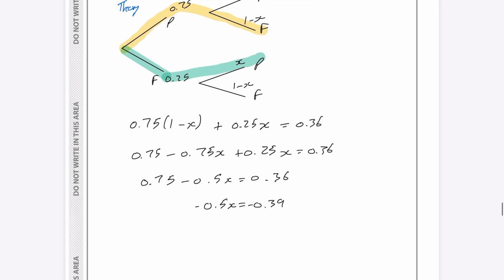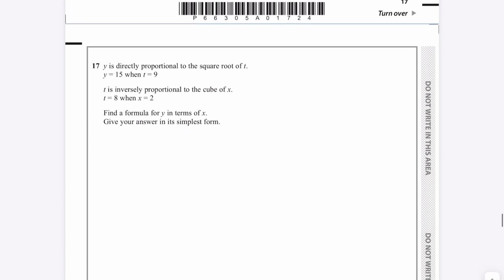I can times each side by minus 1 to get rid of the negative, and divide each side by a half. Dividing by a half is the same as timesing by 2, so X is equal to 0.78, and that is all the question asked us to find. So hopefully that makes sense.